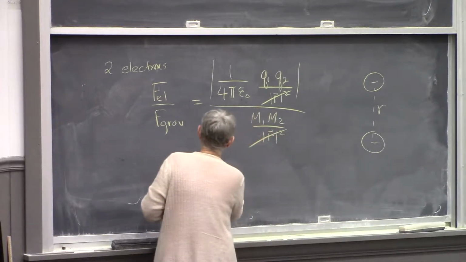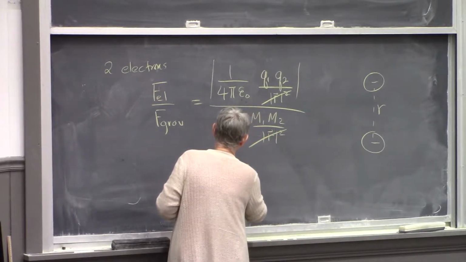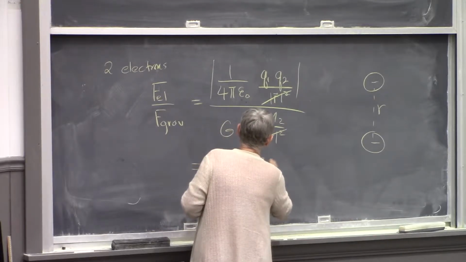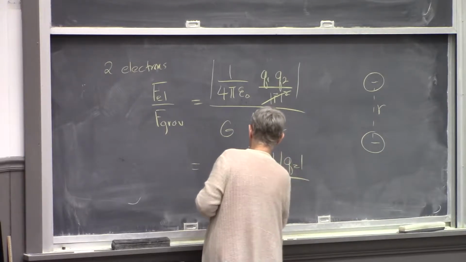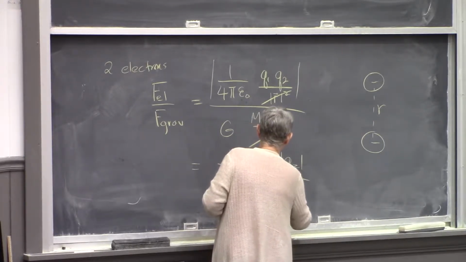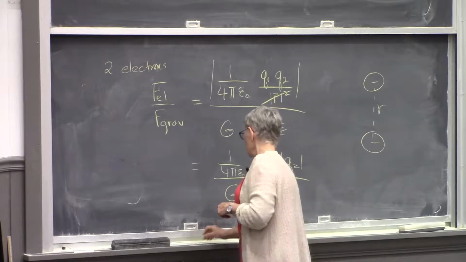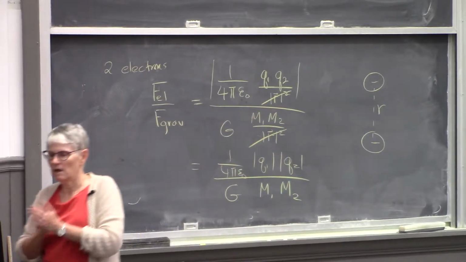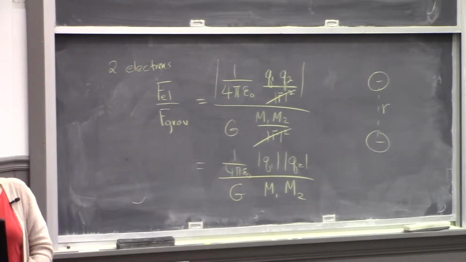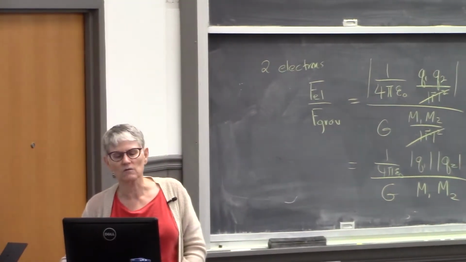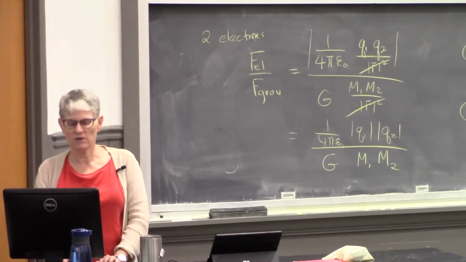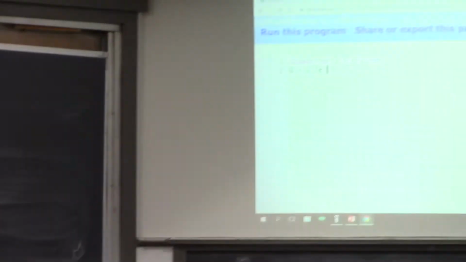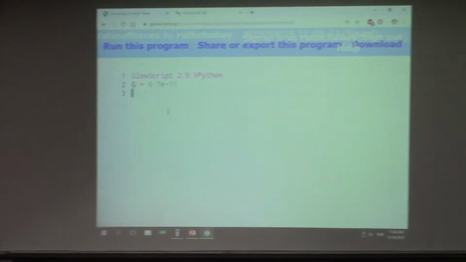And so what we're going to have is 1 over 4 pi epsilon 0, absolute value of q1, absolute value of q2 over G m1 m2. And let's just do the calculation right using Glowscript. So we have G is equal to 6.7 times 10 to the minus 11th newton meter squared per kilogram squared.